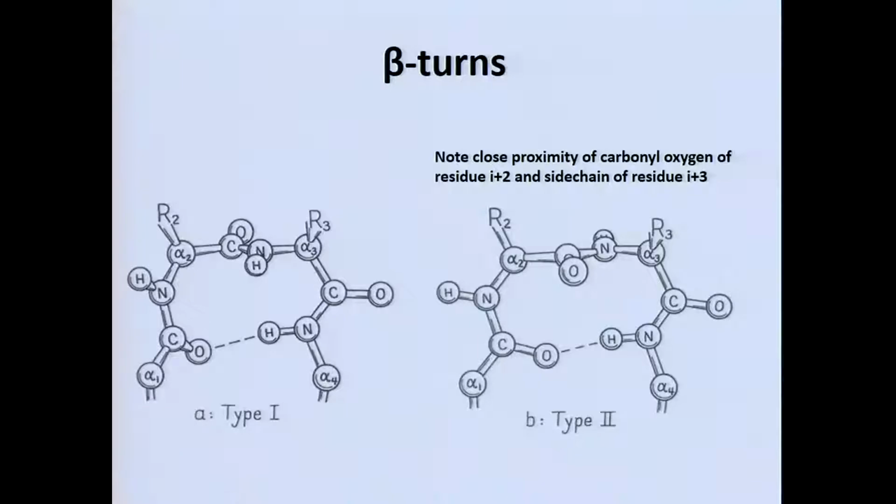Okay, so this is the picture which actually explains more explicitly about type 1 and type 2 turn. You can see here, this is the carbonyl carbon of the first amino acid, N amino acid.